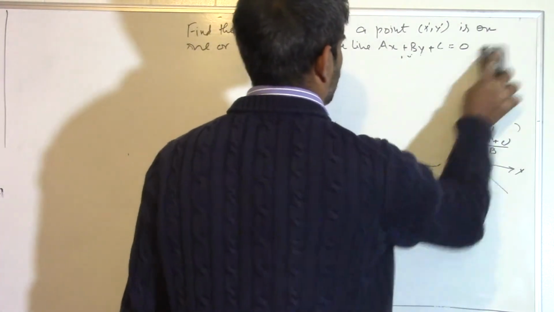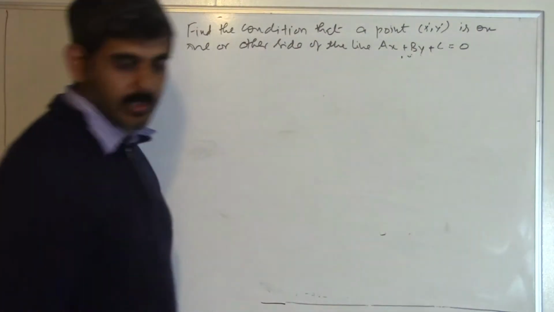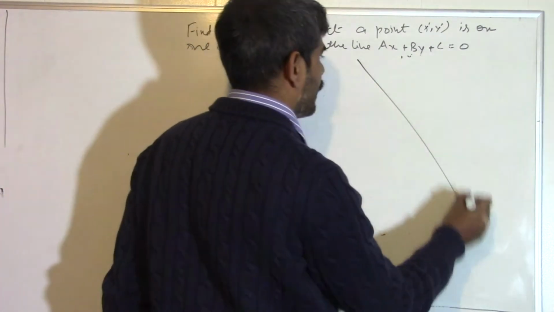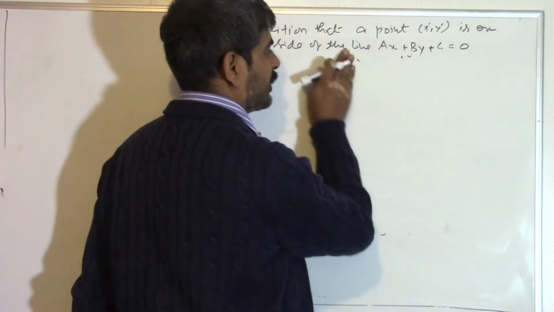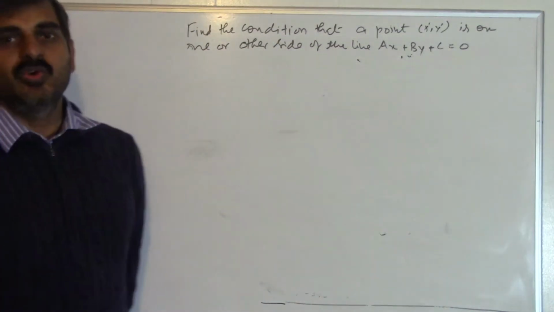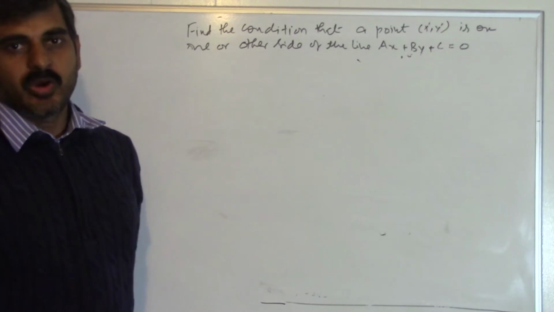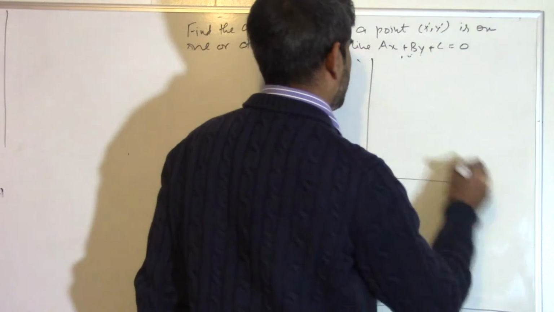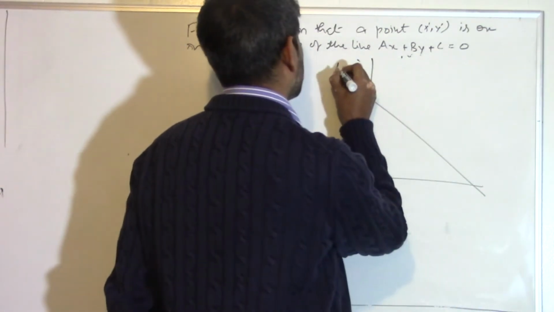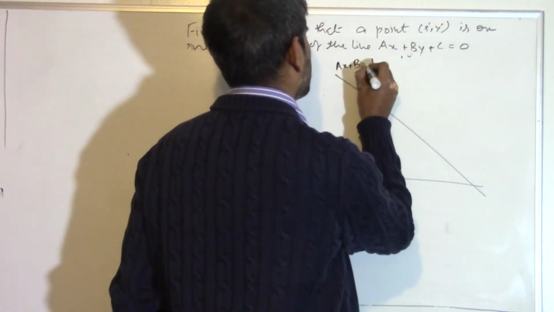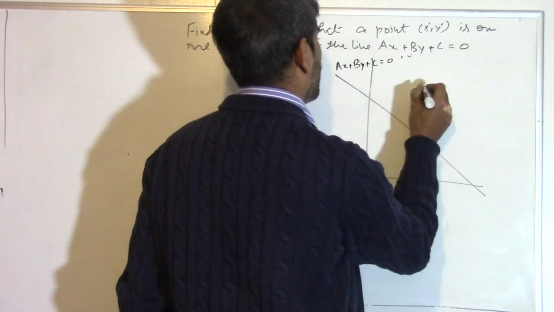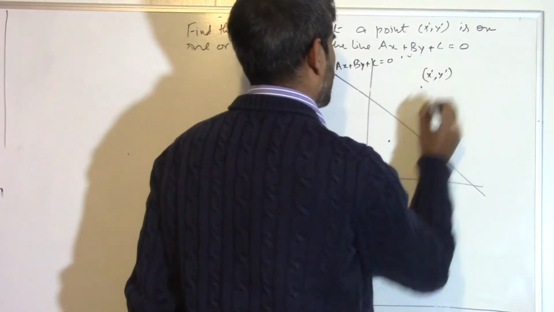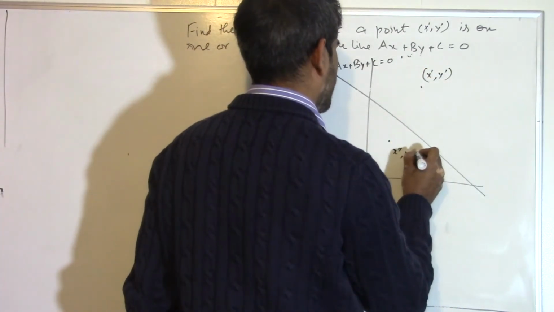There is another way to solve the same thing, and that is by finding the ratio in which 2 given points divide the line. Let's say again the same way, this is the equation of the line ax plus by plus c is equal to 0, and we are given 2 points, x dash y dash and x double dash y double dash.